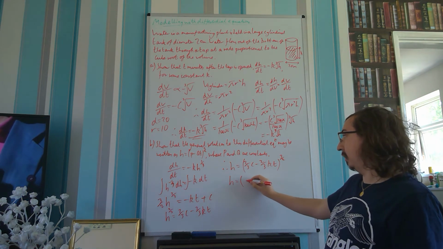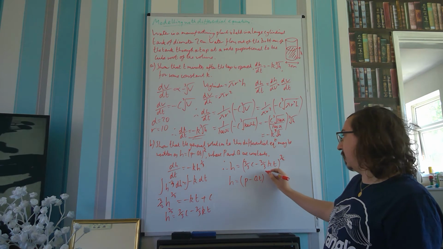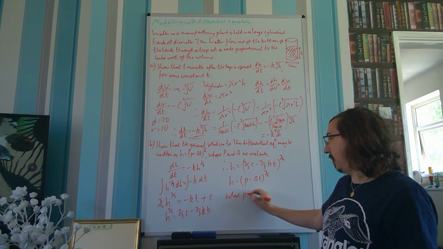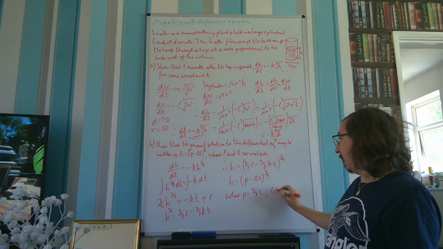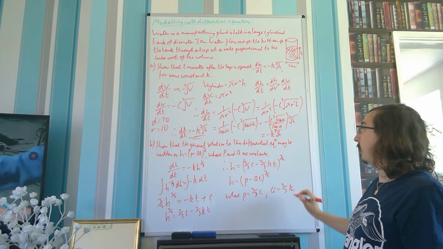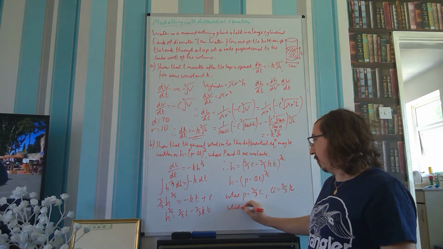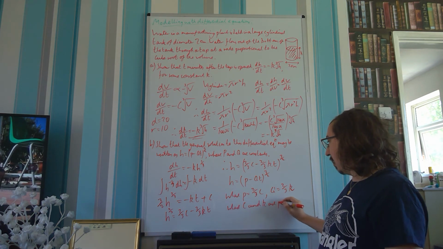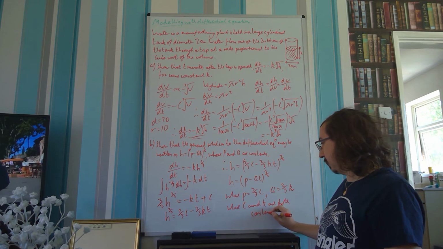So we can just rewrite this as h is equal to p minus qt to the 3 over 2, where p is equal to 2 over 3 c and q is equal to 2 over 3 k, where c and k are both constants.